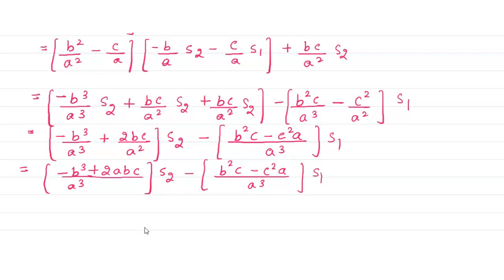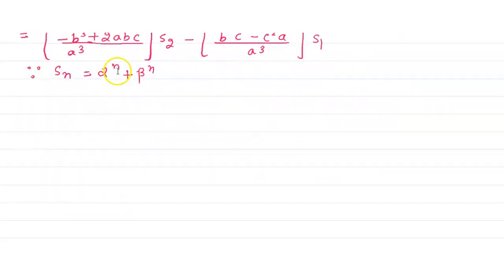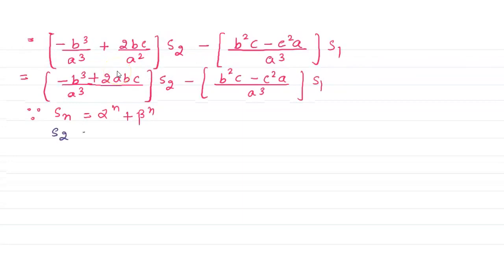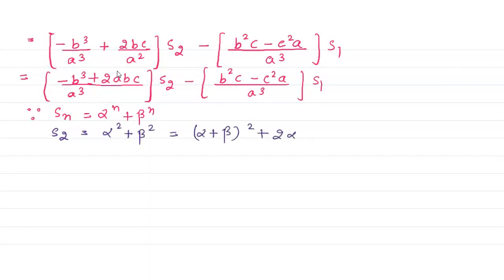Now, since Sn is equal to alpha n plus beta n, I can write S2 as alpha 2 plus beta 2, and I can also write it as alpha plus beta whole square minus 2 alpha beta, and I know the value of alpha plus beta, that is minus b by a, square, minus 2 alpha beta, c by a.